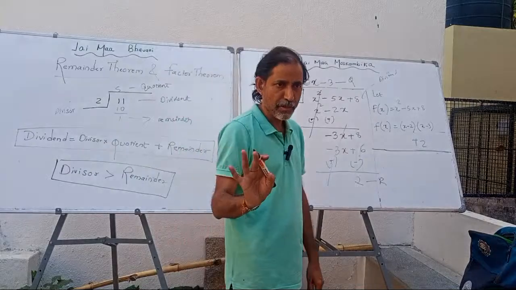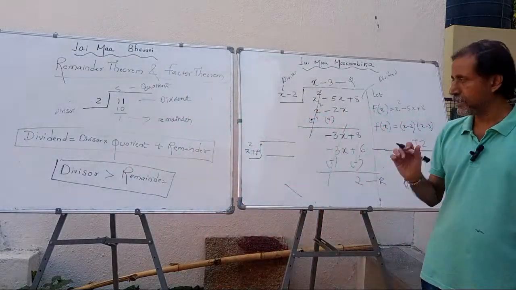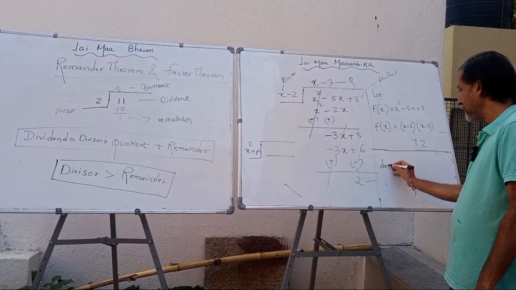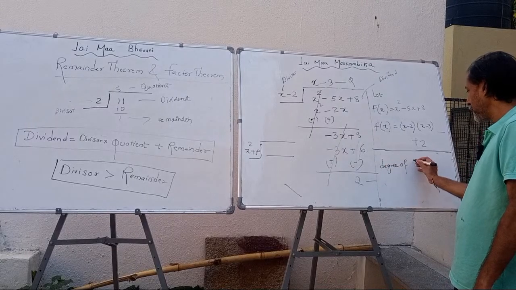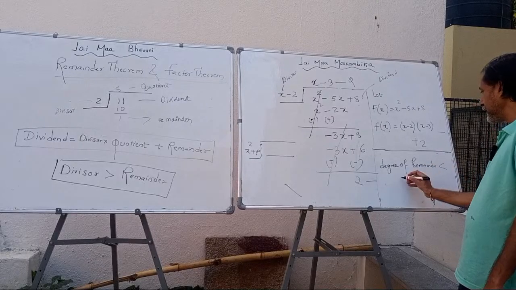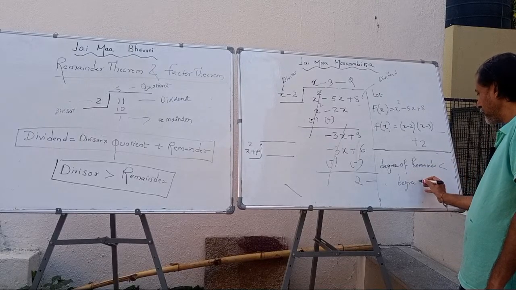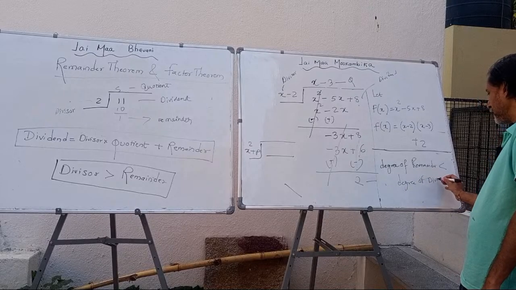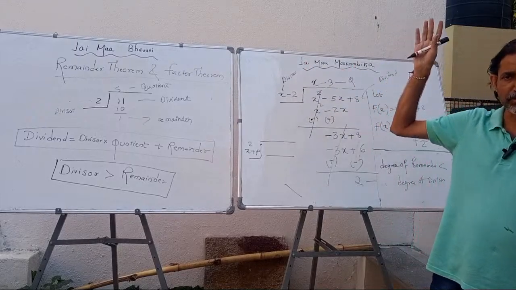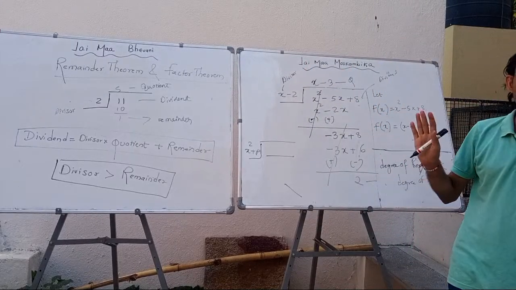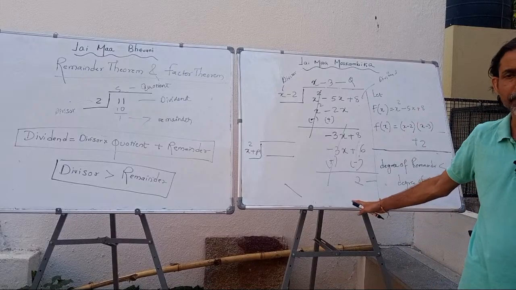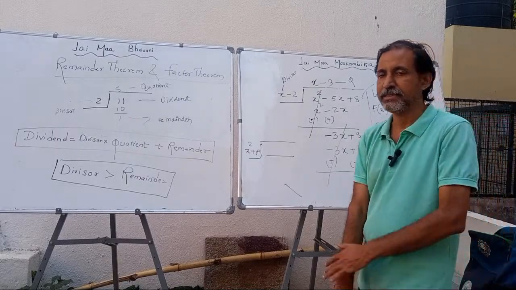You understood that? The degree will be lesser than that of the divisor. So degree of remainder will be less than degree of divisor. So degree here is 1, x raised to 1, no? So here it cannot be x raised to 1, it has to be less than x raised to 1. So it will be a pure number, like in this case.